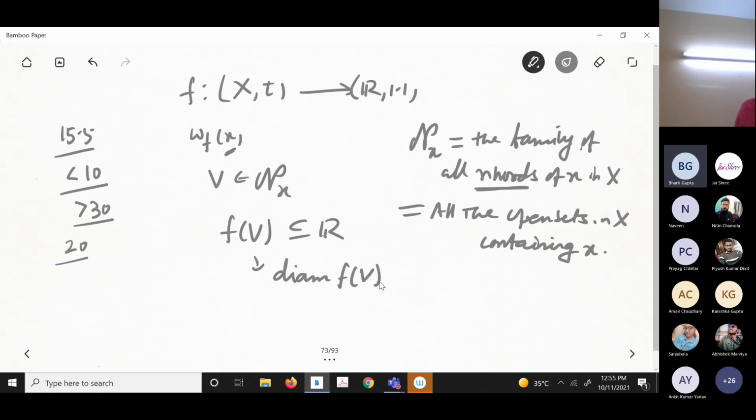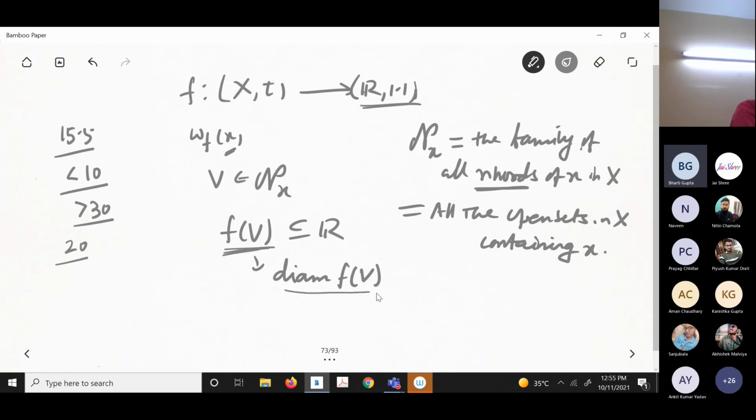I have defined diameter only in a metric space, but here I am taking the diameter of the image. That means it is going to the range, and the range is real valued. That's why I have taken that. If you are more enterprising, you could take a metric space here, in the range, and replace this by another metric space.